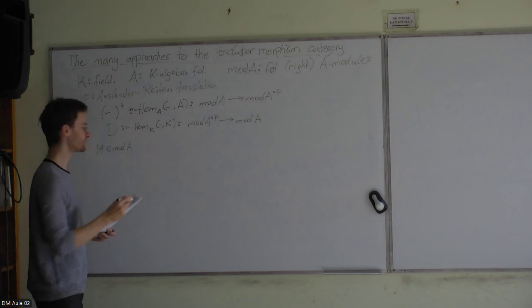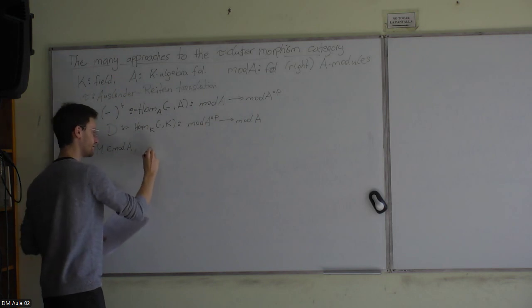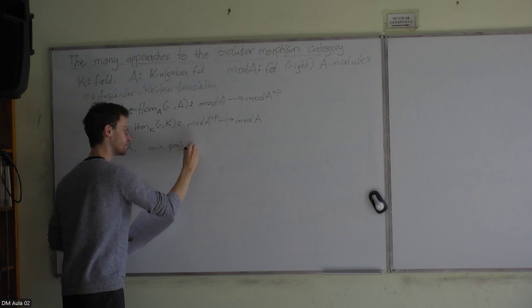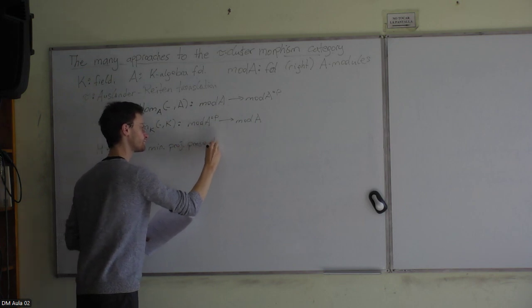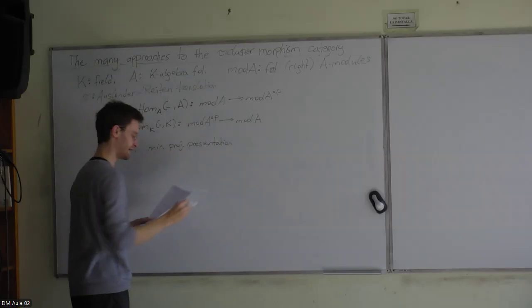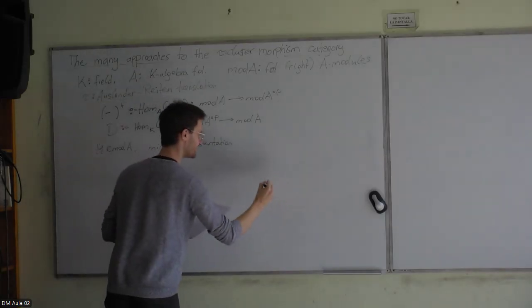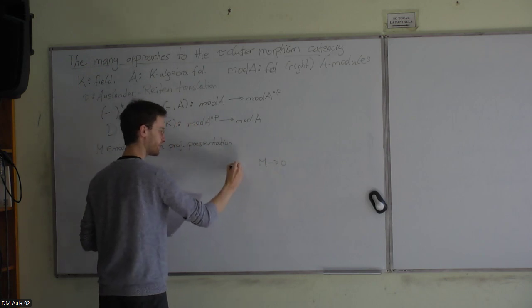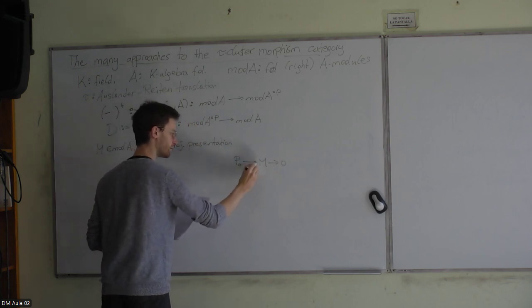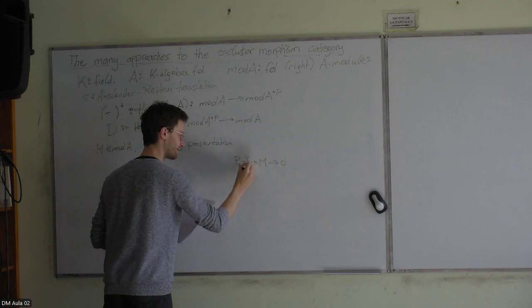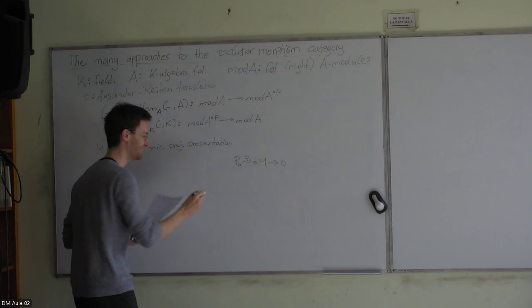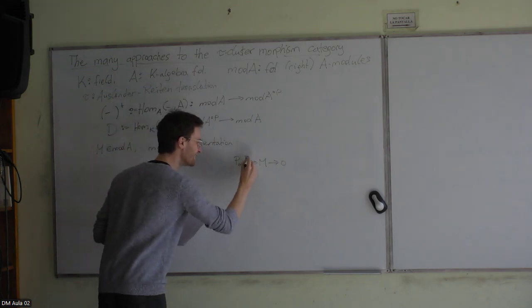I can look at what is called the minimal projective presentation. By definition, I take M, and I take a projective cover of M, with some map, which I will denote with almost the same letter, but this is a lowercase p.